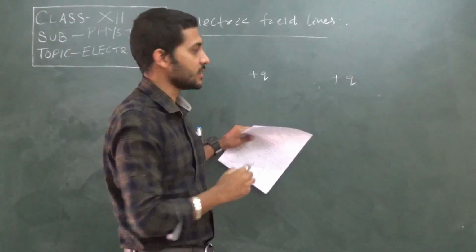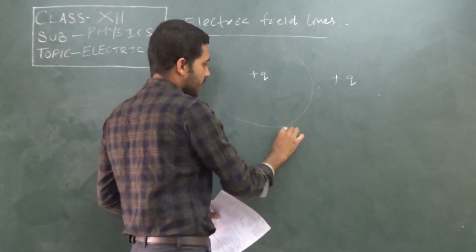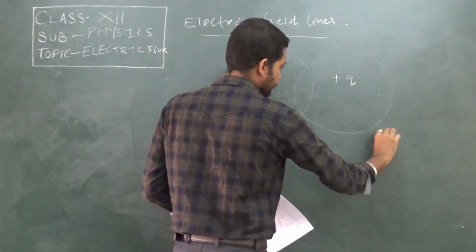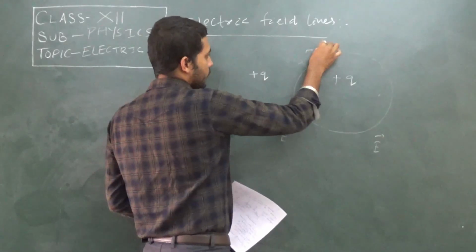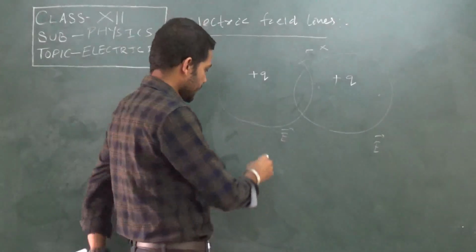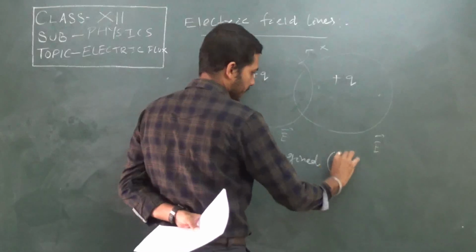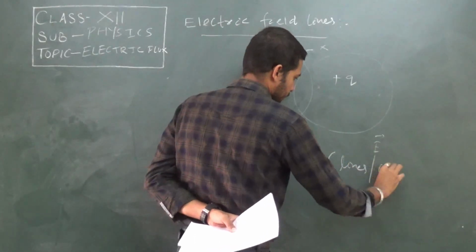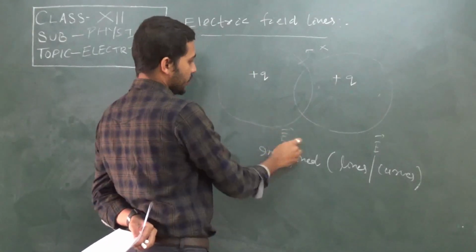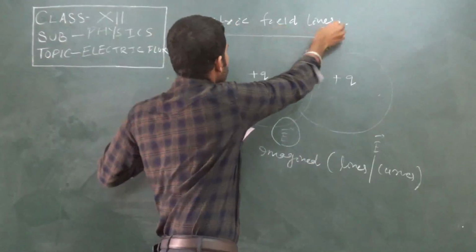So the question arises, as we already studied, that around it there is a space which contains its electric field. But we are not able to see the electric field with our naked eye. That's why we imagine that there will be some lines or curves in between two charges due to the electric field, and those imaginary lines or curves are called electric field lines.